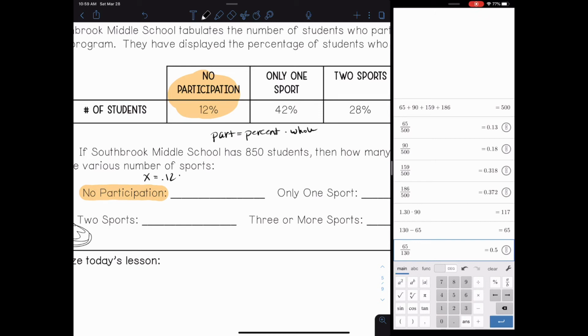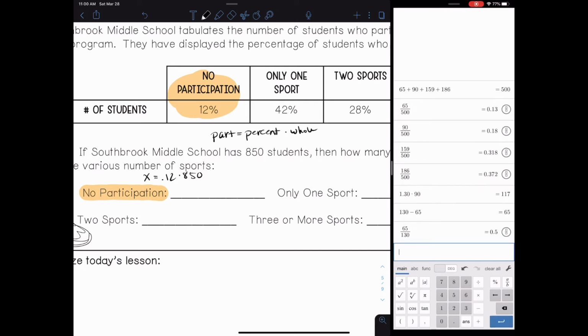What's the whole? 850. So there it is. All right. X is already isolated. Now all you have to do is 0.12 times 850, and you get 102. So 102 students do not participate.